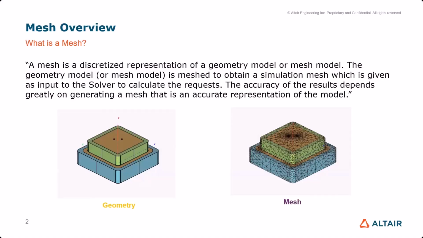It's a representation of the model that would later be used during the simulation, when we are running our solvers to be able to compute given requests in our simulation. And it has a direct impact on the accuracy of our results, because the better it represents the geometry and the model, the more accurate results we will be obtaining.